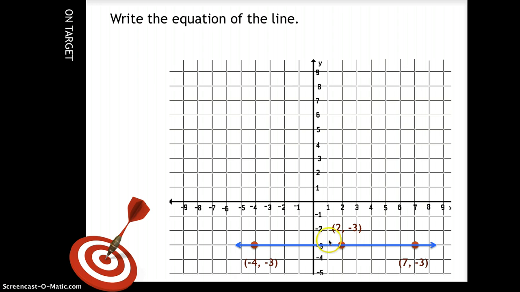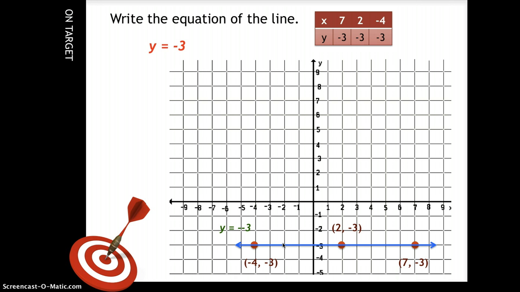I'm going to put all these values in the table of values, or input-output table. There you go. If you have an input-output table, it's easy to see what your equation will be. So the equation for this line is y = -3. I'm going to write it again on top.